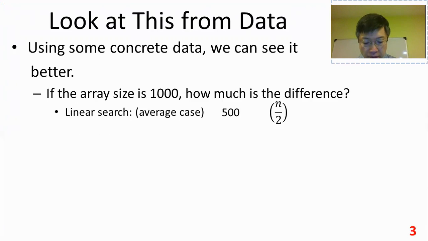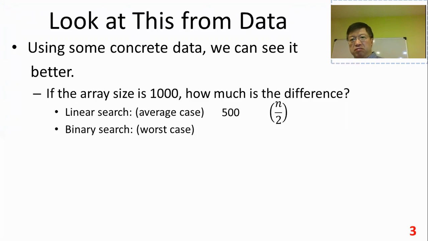Next, for the binary search, here we use the worst case. You may ask me why we use the worst case, and I'll explain. The worst case is log of 1,000.